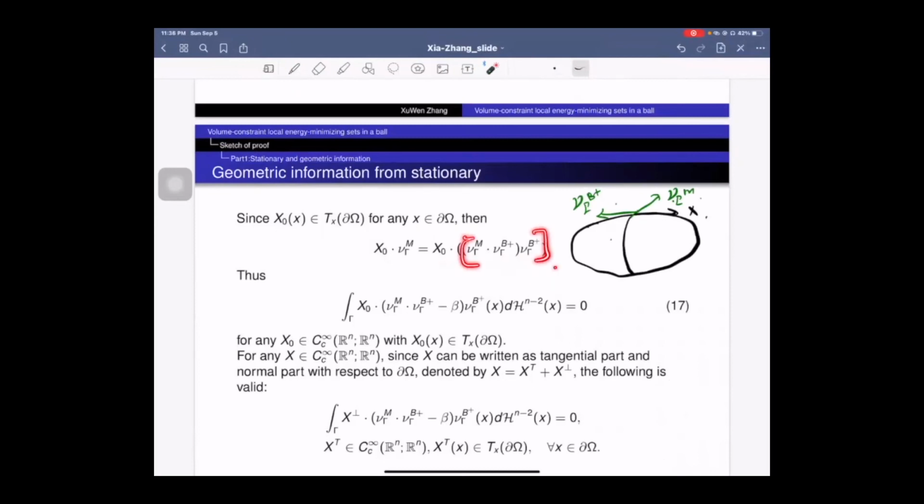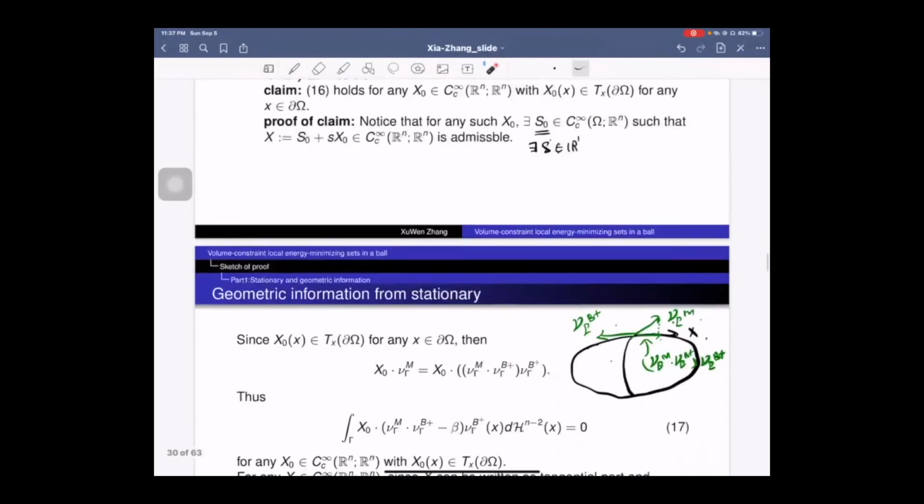This is the orthogonal projection of nu gamma m to nu gamma b plus, and since x0 is tangent to the boundary, the inner product of this is indeed the inner product of x0 with the orthogonal projection of nu gamma m to nu gamma b plus. This is the orthogonal projection. So back to this formula.